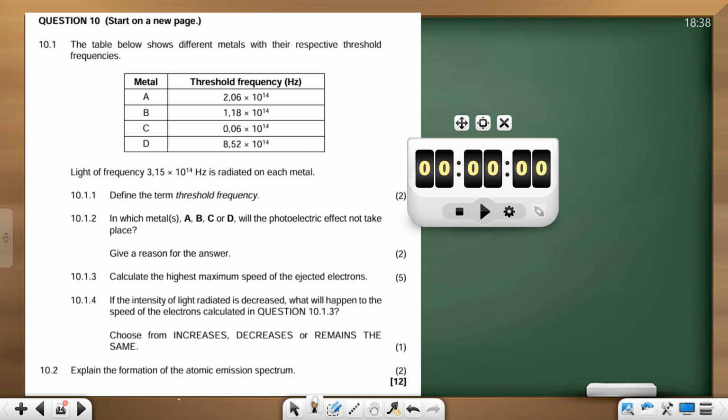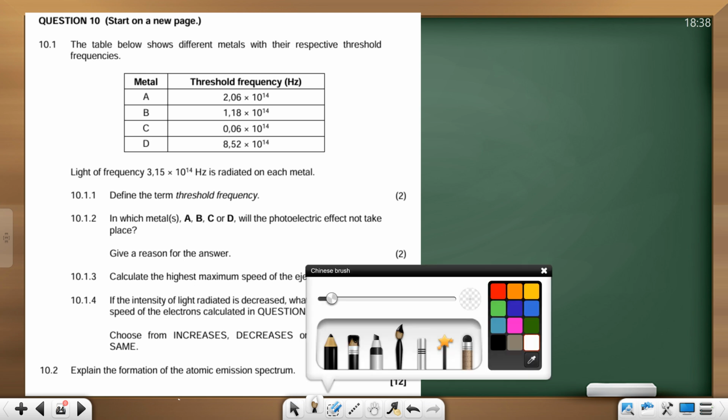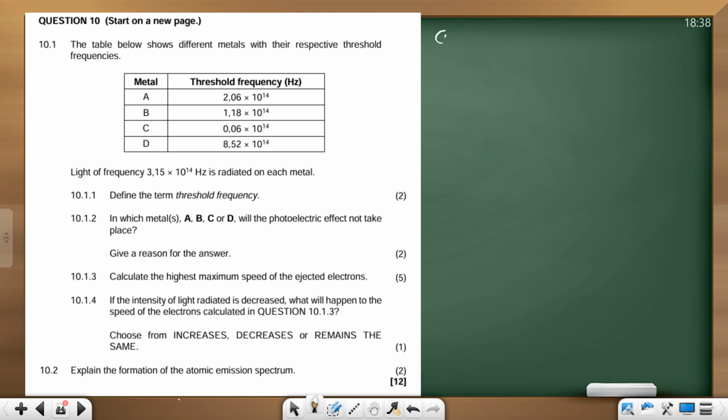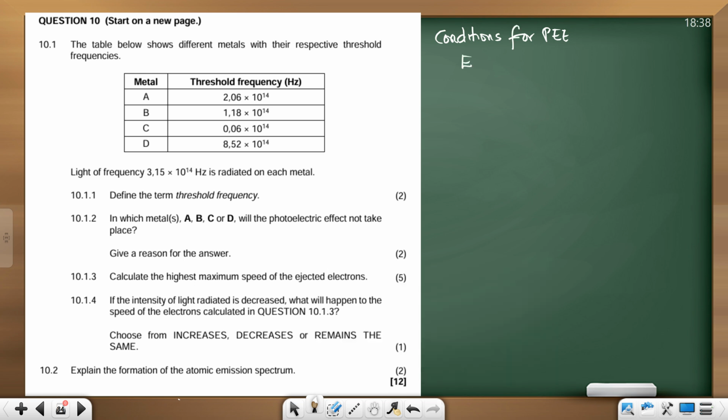All right, guys. The table below shows different metals. Let's see quickly so that we touch on this as well. Light, now we have threshold. Quickly, please. When will photoelectric effect occur? Conditions again. Make sure you know your definitions. Conditions for photoelectric effect: the energy of the light must be greater than the work function.